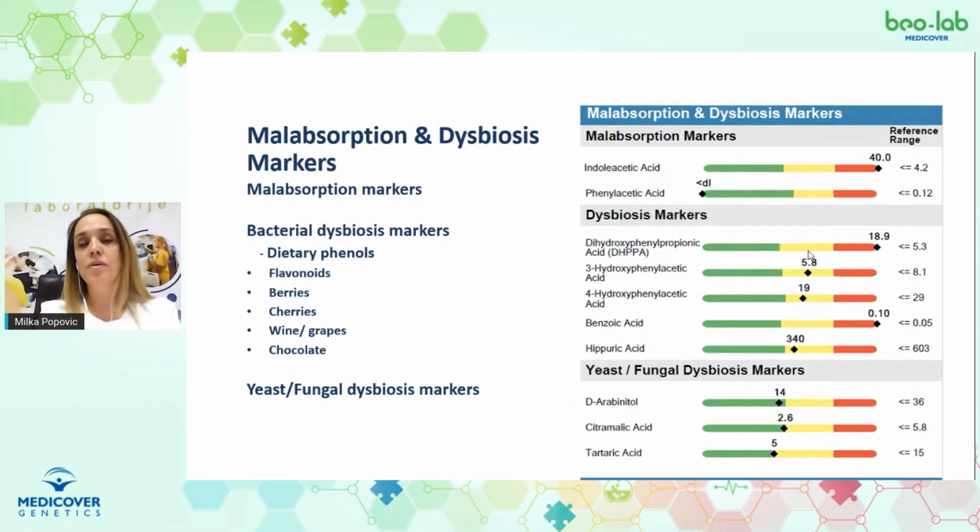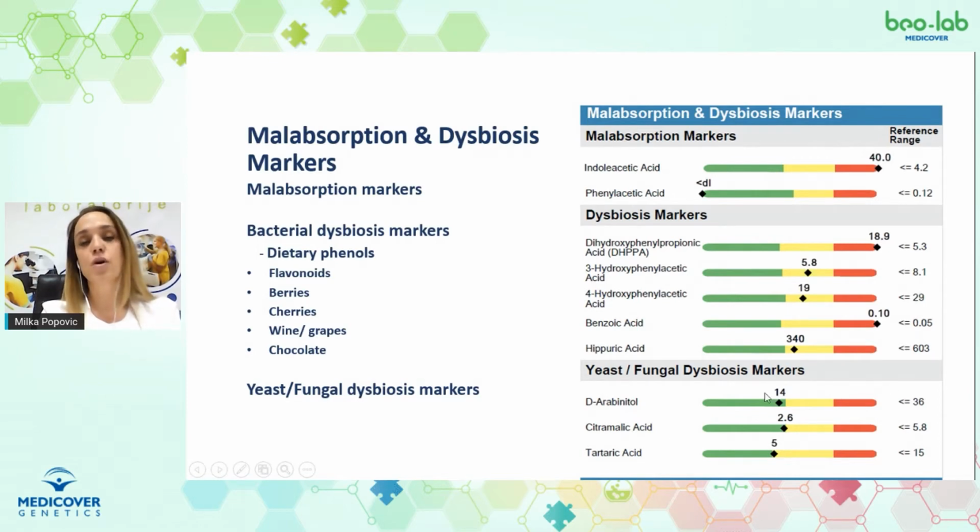So, for example, if the patient has eaten quite a lot of red fruits or chocolate, some of these parameters may be a bit high, but we need to know how to look at these findings. If several markers are high, we need to suggest to the patient that they do a more detailed stool sampling and analysis in order to determine if there is a presence of dysbiosis or not.